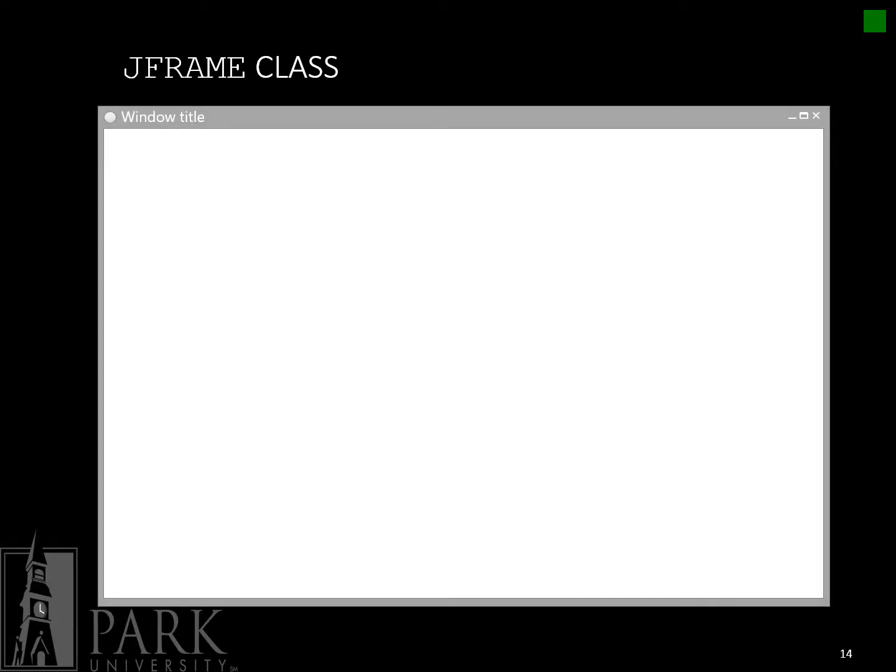Now, the cornerstone to any Swing GUI program is the JFrame class. And you saw that in the demo that we just had. It's the superclass, so you'll need to extend it if you create your own GUI program. In order to use it, we must first import the Java Swing library or package.